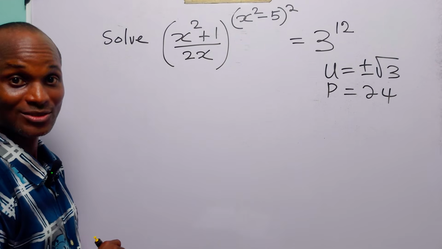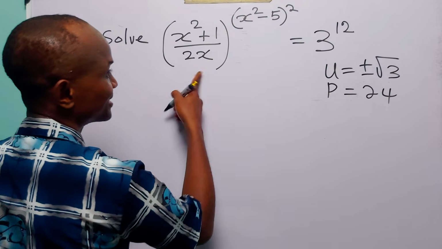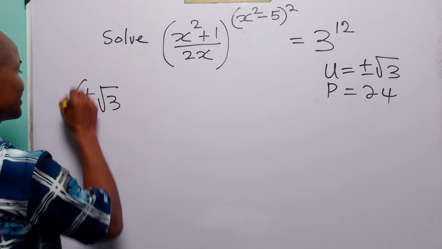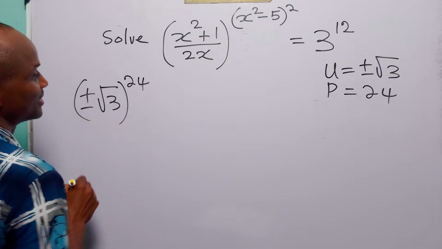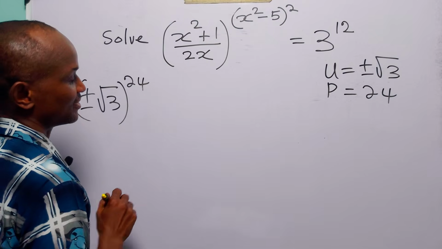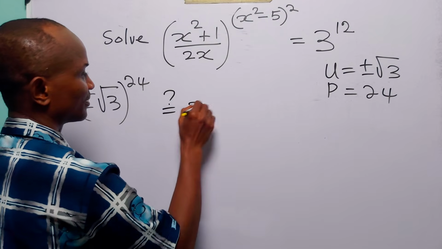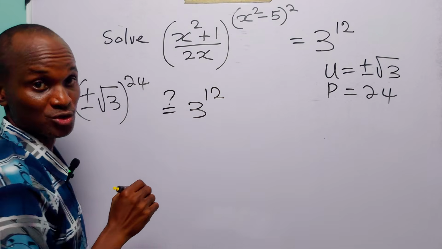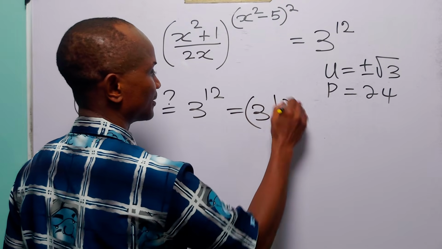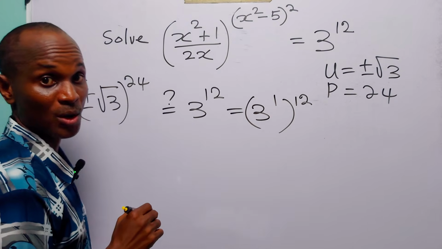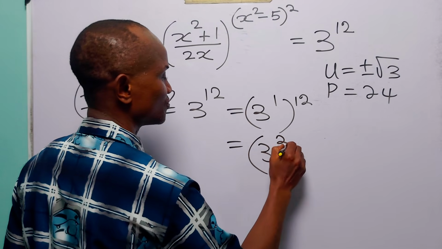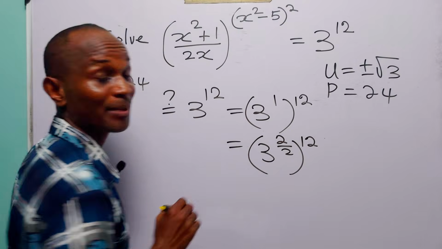And now, after our little analysis, on the left-hand side of this equation, we have plus or minus root 3 to the power 24. Let us compare that to the right-hand side of this equation. We have 3 to the power 12. Of course, you know that we can write this as 3 to the power 1 raised to power 12, which we can also write as 3 to the power 2 over 2 raised to the power 12.